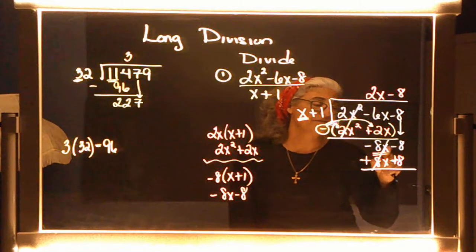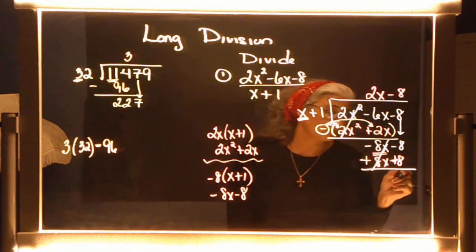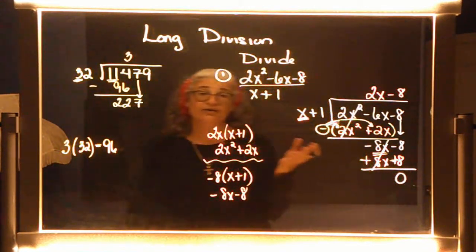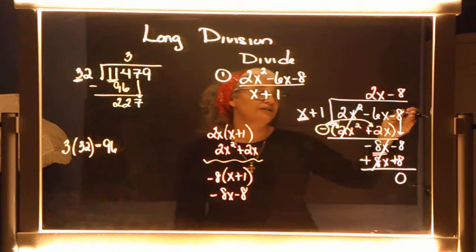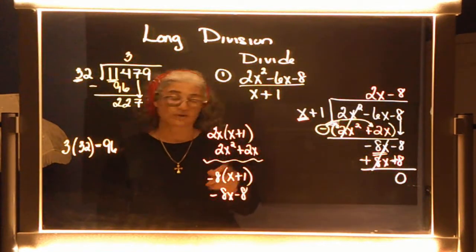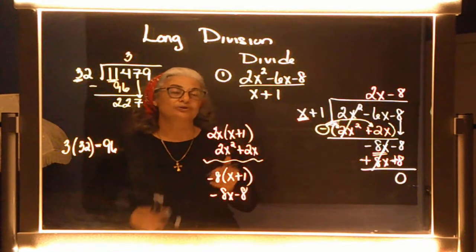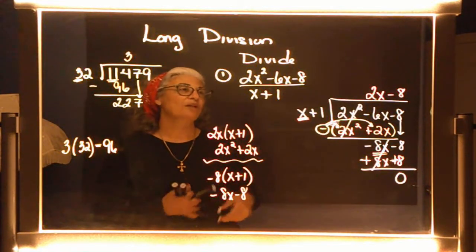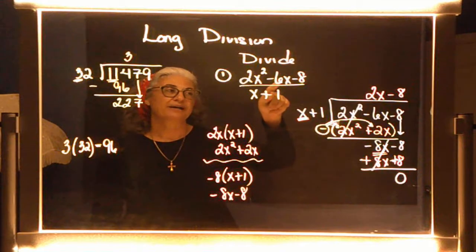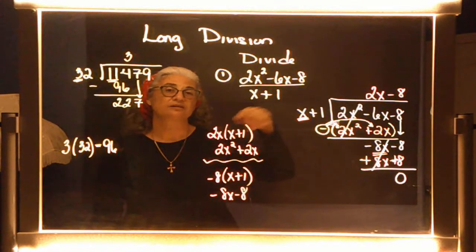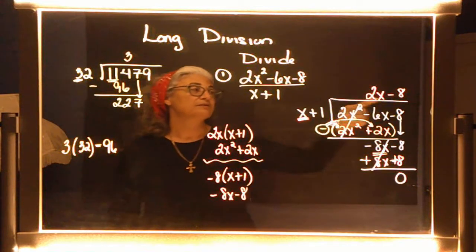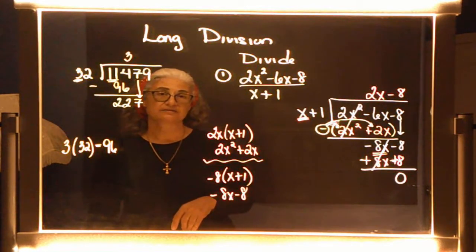And then we have a negative 8 plus 8, and we get 0. Well, that canceled out also, didn't it? Bonus points! Because do I have anything else to carry down? No, I do not. So 2x squared minus 6x minus 8 divided by x plus 1 gives me 2x minus 8.